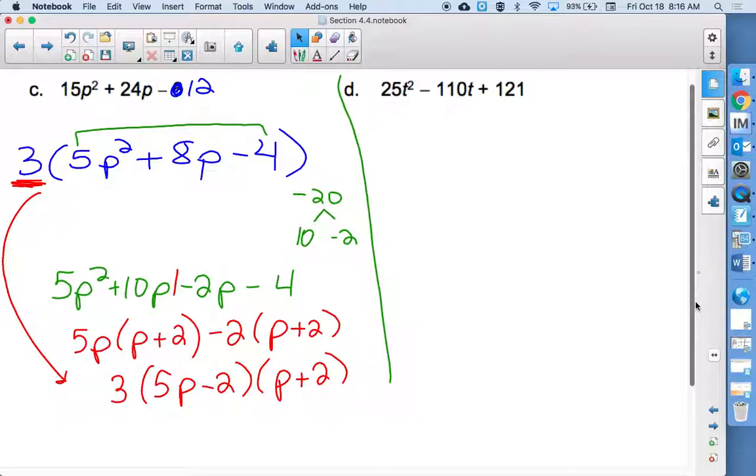So the last one, we have 25t squared minus 110 plus 121. They don't have anything in common, but they are also, Jack? 25 and 121. Yeah, they're perfect squares. So Jack, how would you factor it?